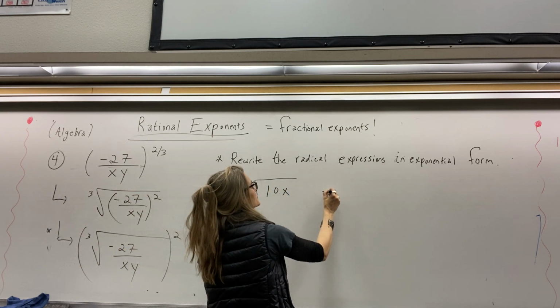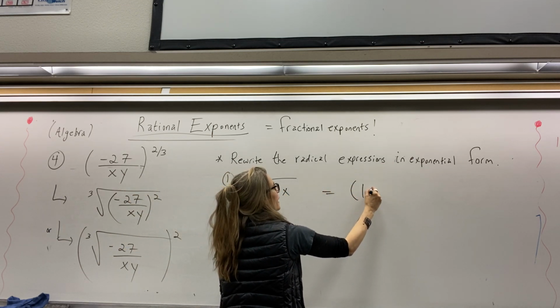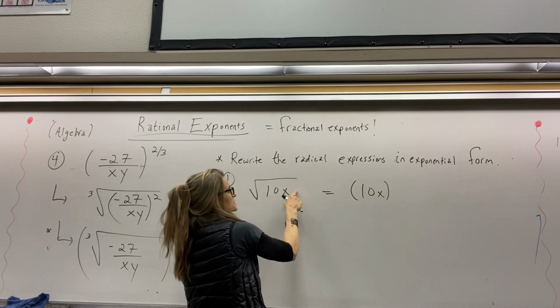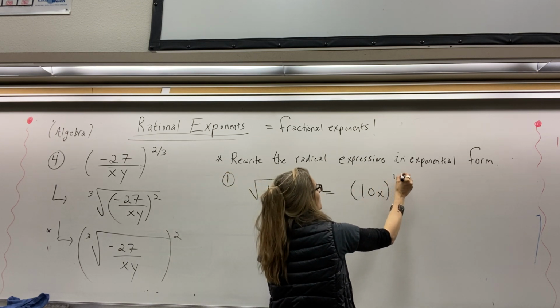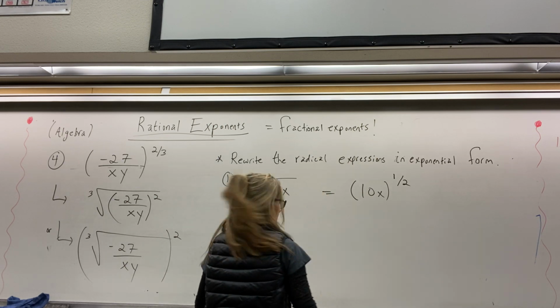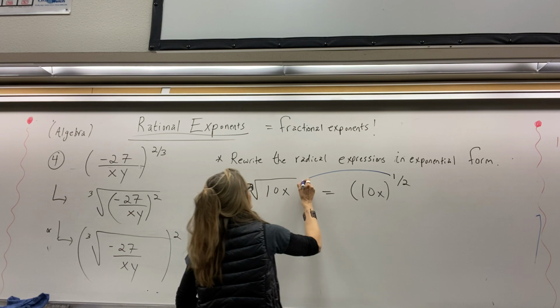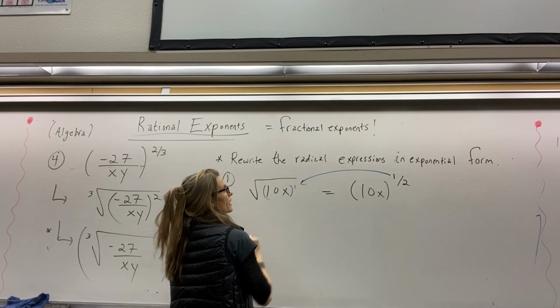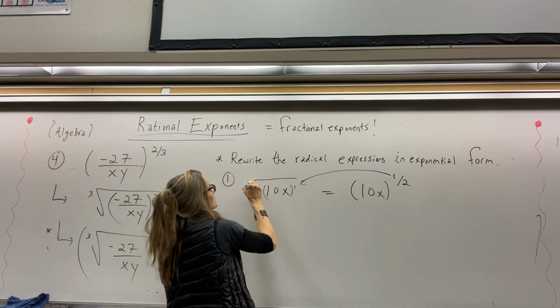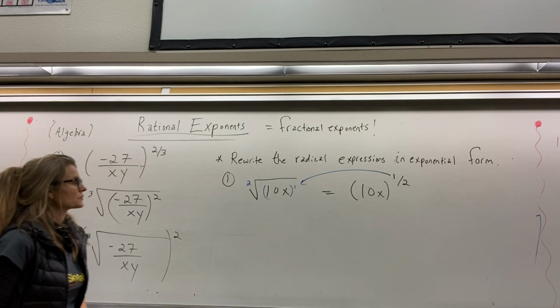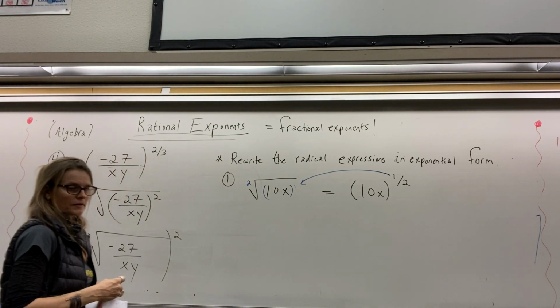So this is really just going to be 10x, and all of this is to the first power over 2, because there's an invisible 2 there. That's understood, the square root. So that's how we start.